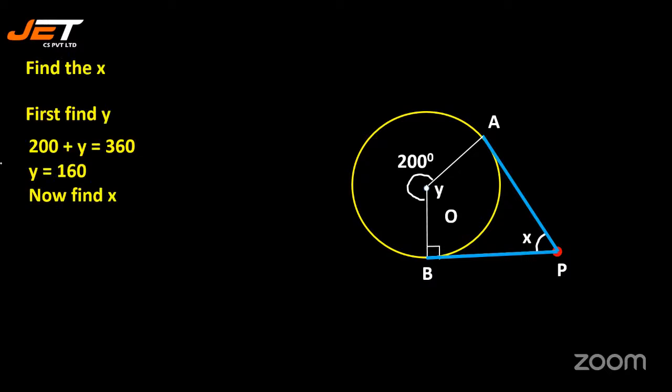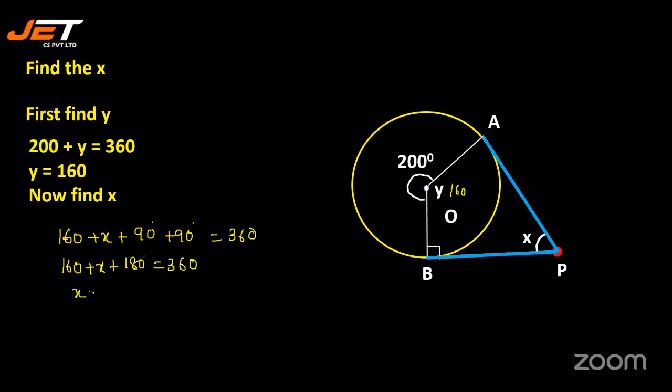So now we can find the value of x. How do you find out the value of x? It is nothing but 160 plus x plus 90 plus 90 is equal to 360. So 160 plus x plus 180 is equal to 360.